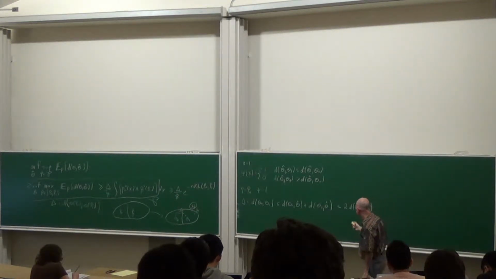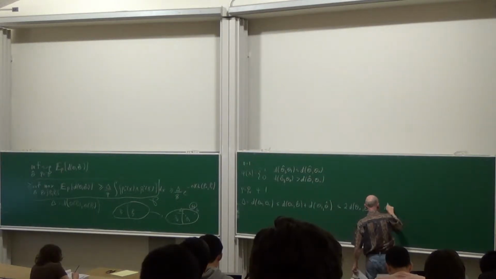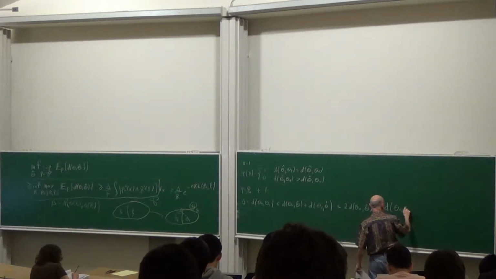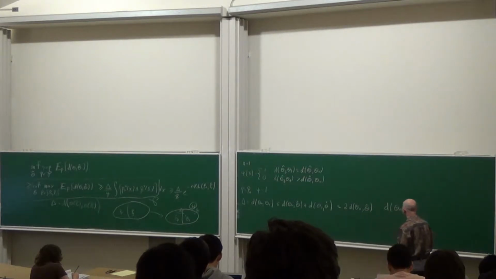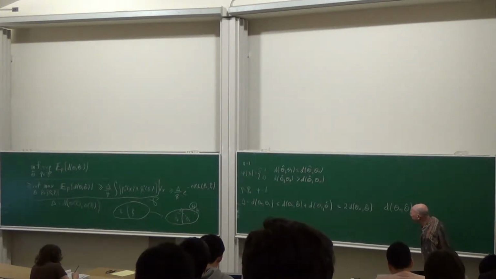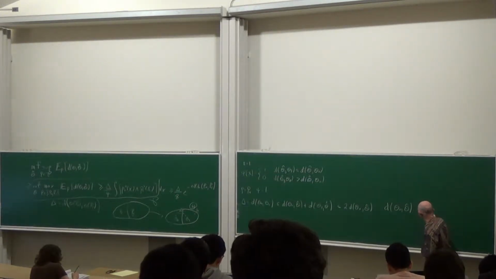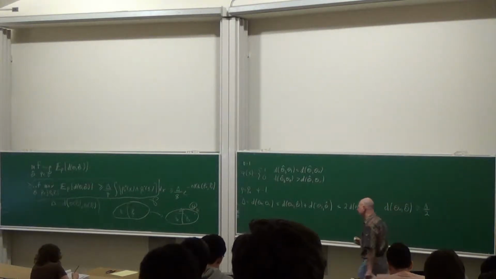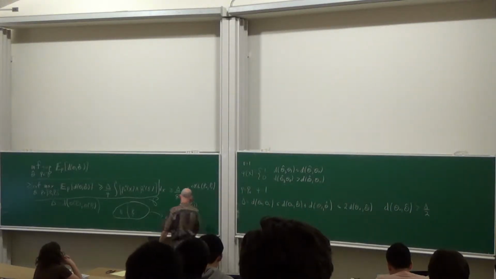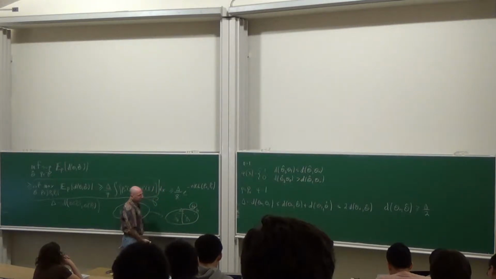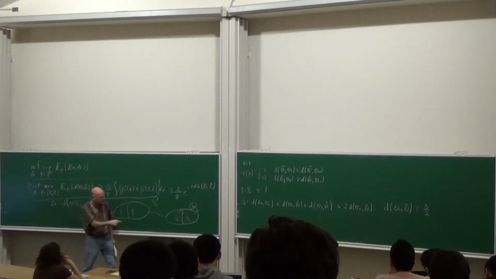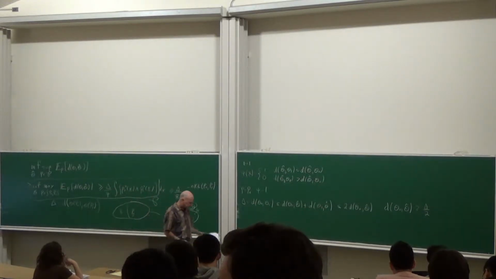Or in other words, say the other way around: in this case, clearly the distance between theta hat and theta 0 is bigger than delta over 2. I'm just saying something very obvious here, which is that if theta hat ends up here, then theta hat has to be pretty far from theta 0, because these are at least delta apart.